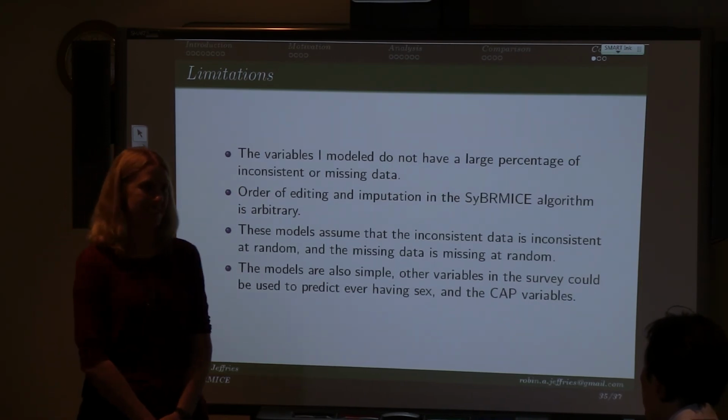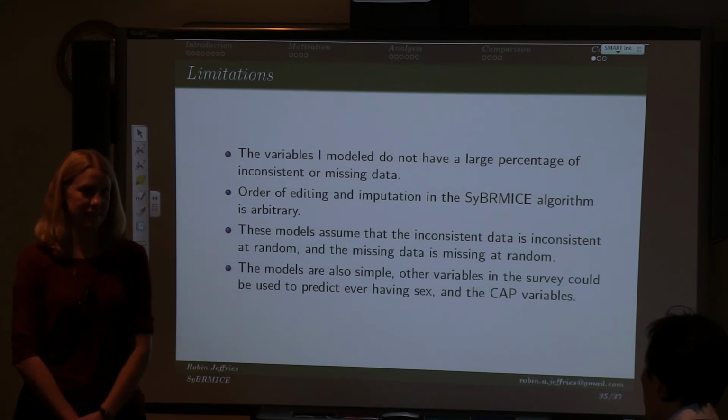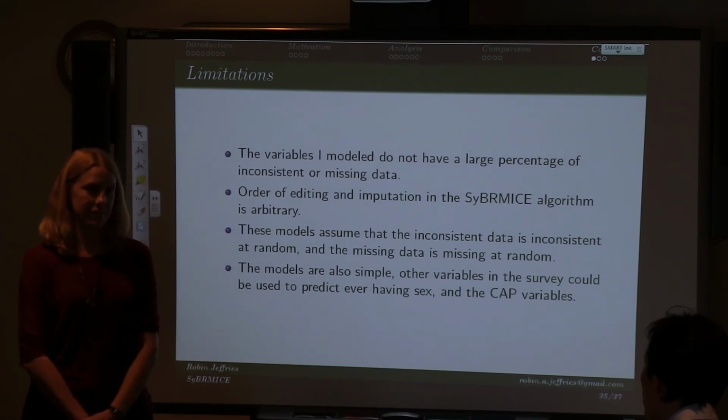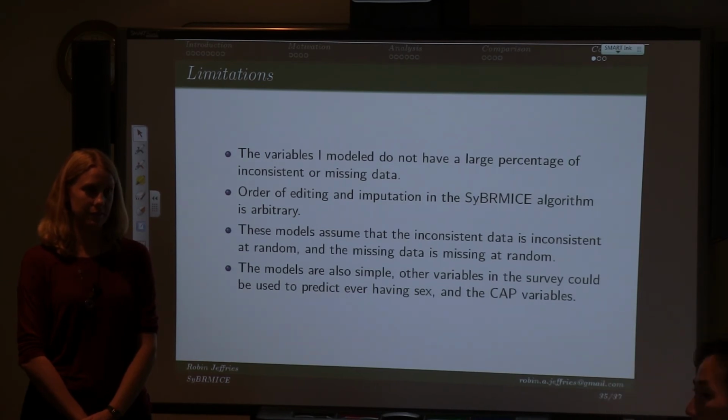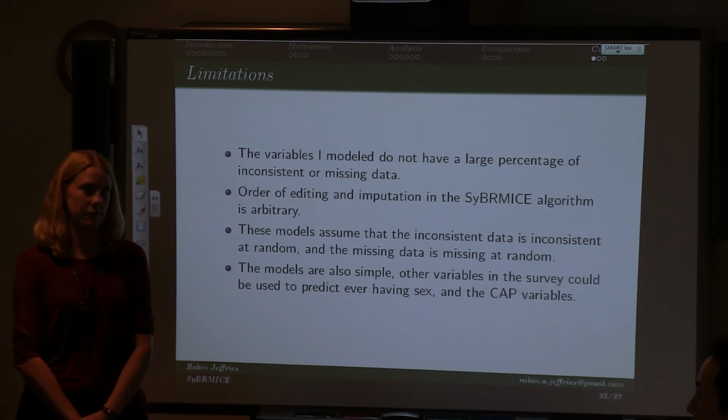But that seems like less of a likely scenario for somebody to try to hide something than sexual behavior. But so long as you can condition on something else that's observed, this inconsistent at random is okay. It's only that if after conditioning on other things that are observed, there's still some residual evidence of the person hiding something.